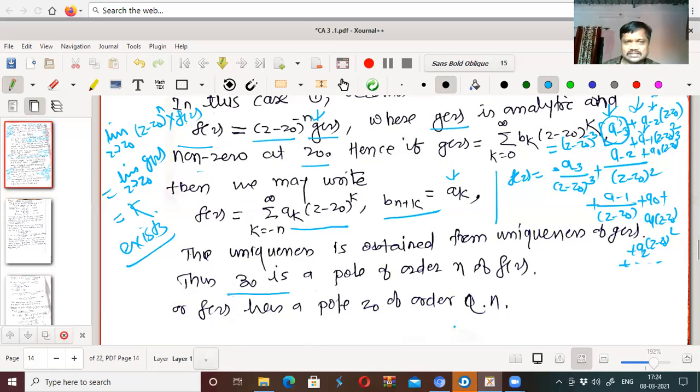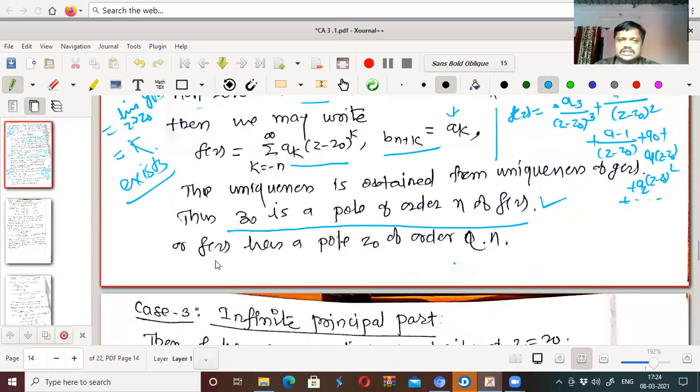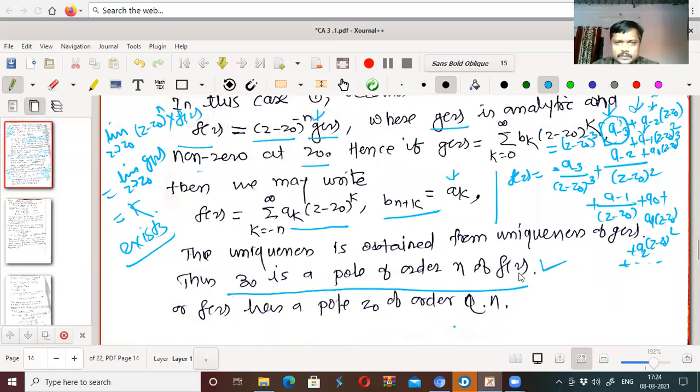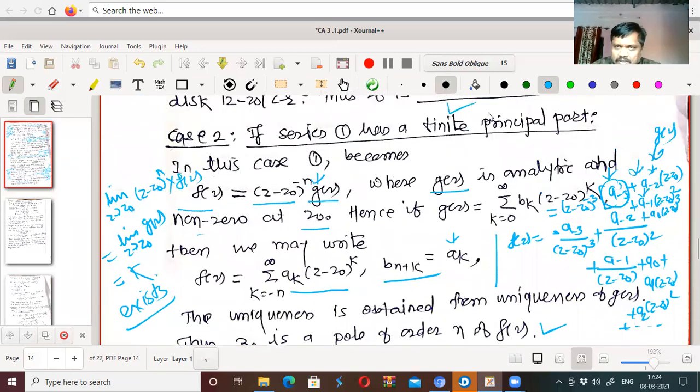Thus, z0 is a pole of order n of f(z), or f(z) has a pole at z0 of order n. You can write anything. Okay. So if the Laurent series expansion of a given function contains a finite principal part, and that finite principal part has n as its highest value, then we say that if 3 is there, then this function has a pole of order 3 at z equal to z0.